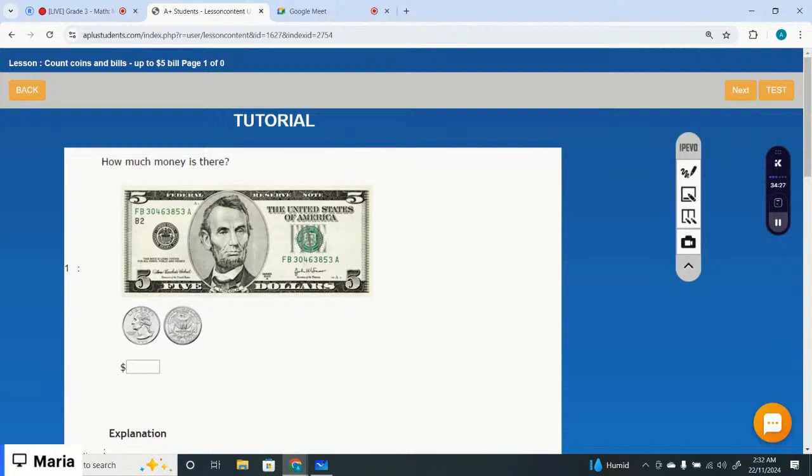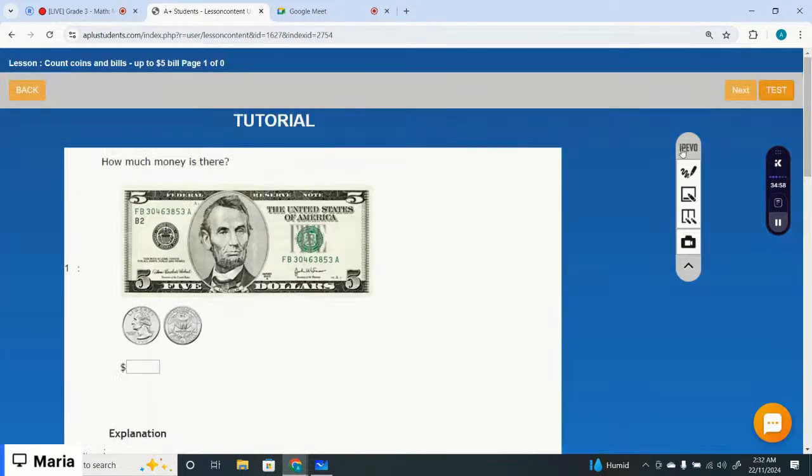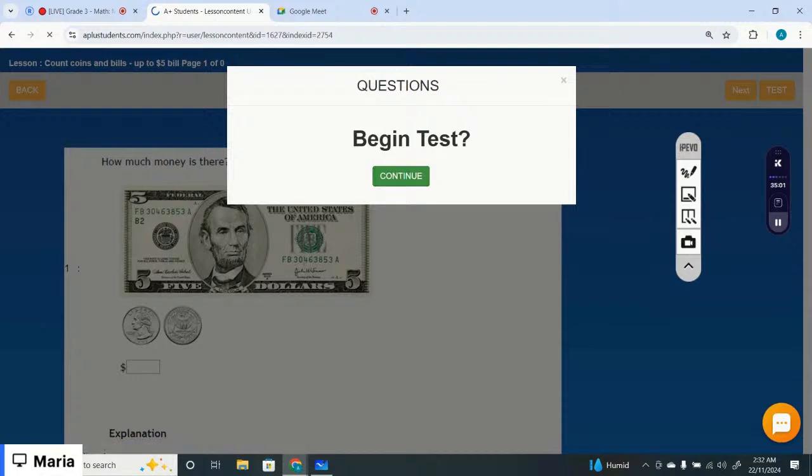That is a $5 bill. You need to count these coins. The first coin is the quarters, right? You can count the quarters by 25. Both the coins are quarters. So 25 and 25 makes 50 cents. So that is $5.50. Let's just start with the test questions.